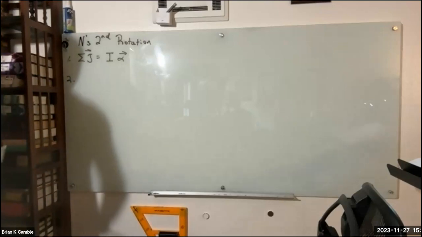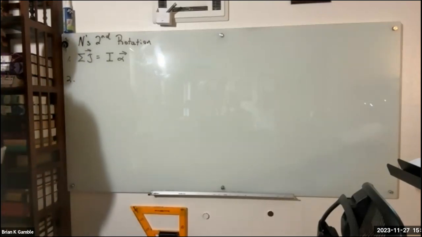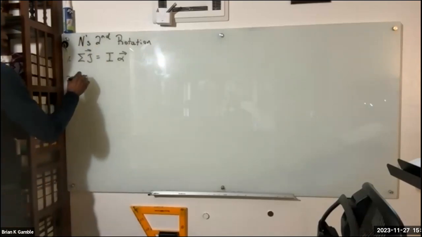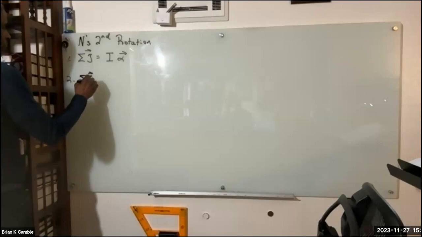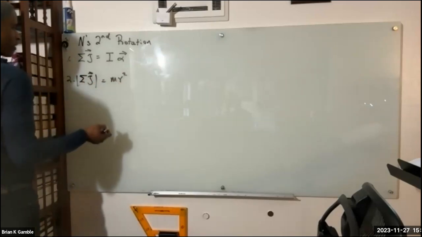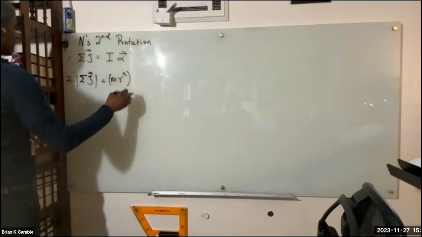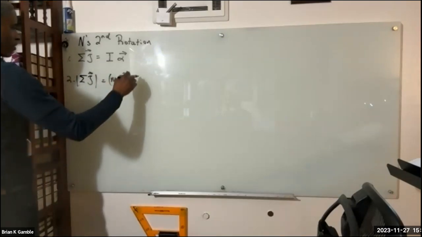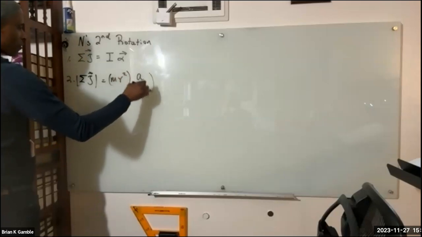I'll do this from my memory. So that's going to be m r squared in general, and this guy is going to be a over r in general.